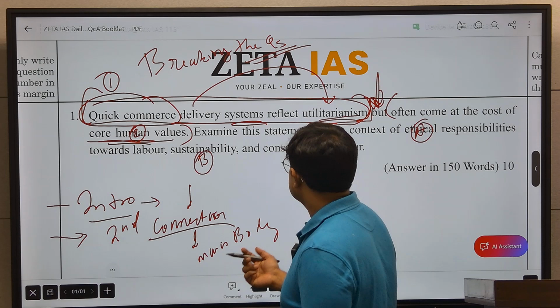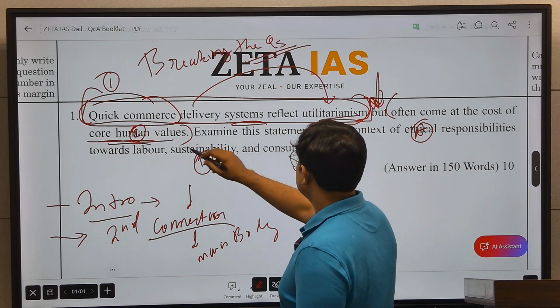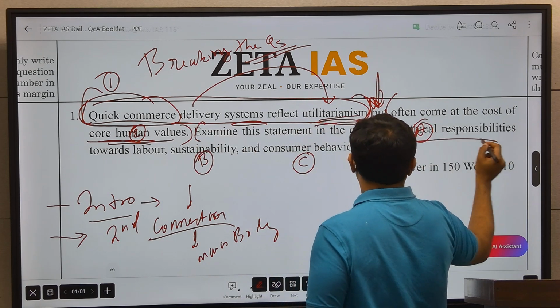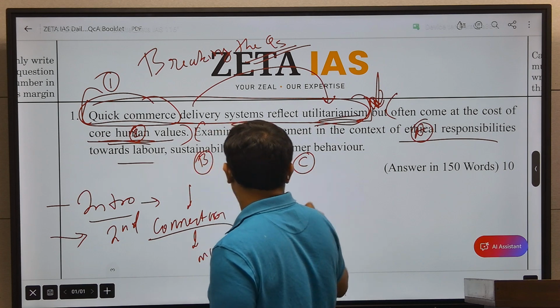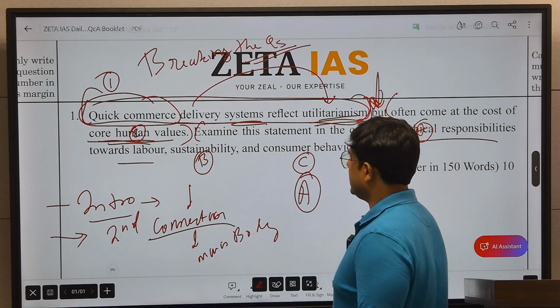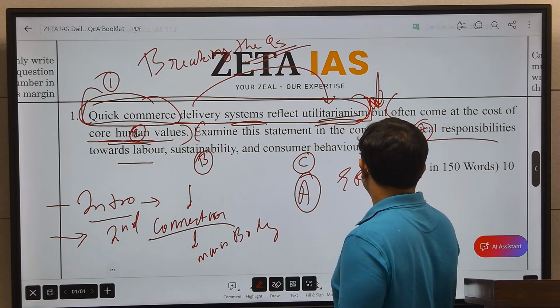Okay. So examine this. Now you come to this, the next part. Examine with respect to this A. So write A in the main body. Ethical responsibility towards labor.